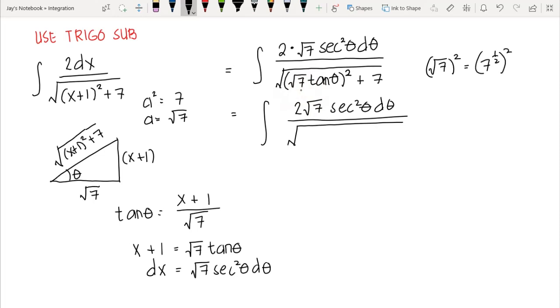When we multiply 2 and 1/2, that gives us 2 over 2, so that is 7. Then tangent theta squared, then we have tangent squared theta plus 7.